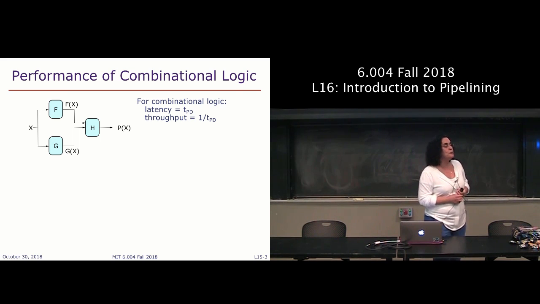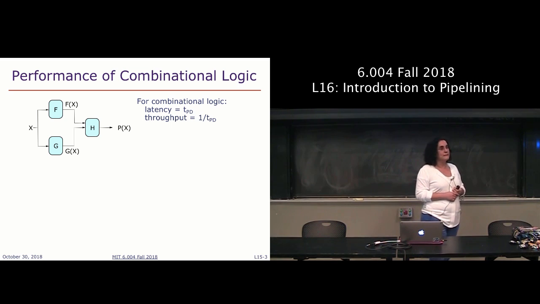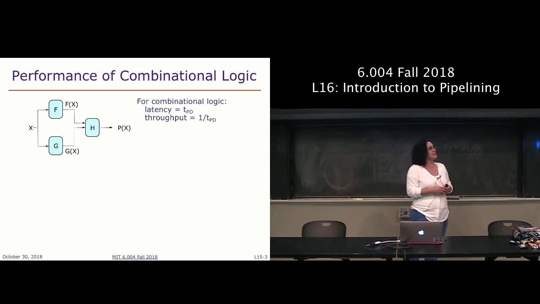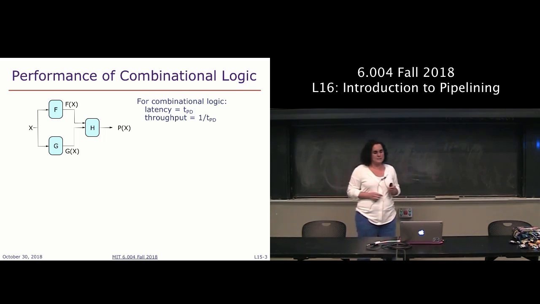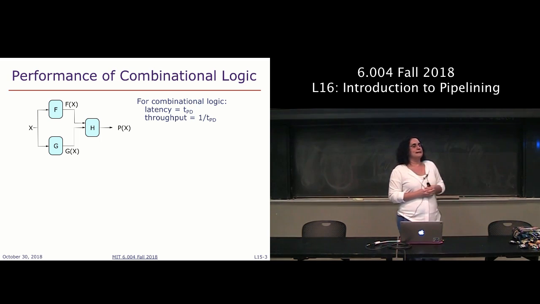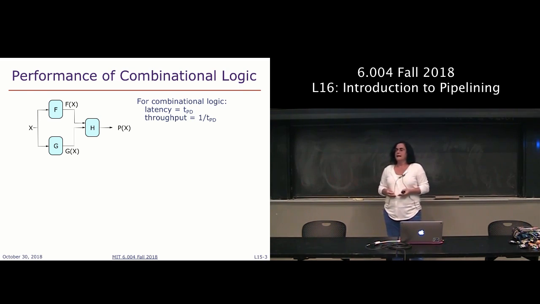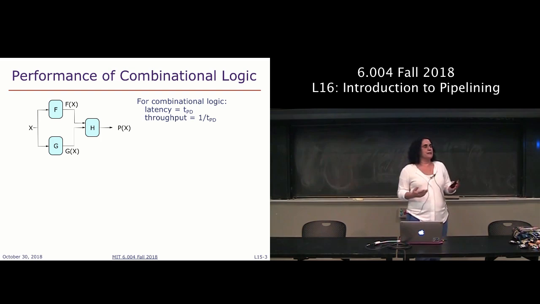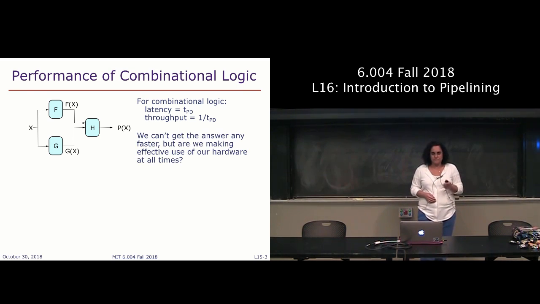Of the critical path, and what's my critical path? The path that takes the longest. The longest, right? So my propagation delay is going to be the amount of time it takes me to get through the longest path. And so that's going to correspond to the latency of my combinational circuit. And throughput for a combinational circuit is simply 1 over that propagation delay.